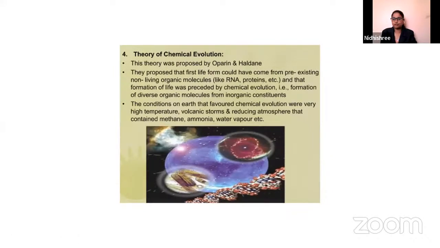Then theory of chemical evolution. Gayatri, can you read out the slide? This theory was proposed by Oparin and Haldane. The theory proposed that the first life form could have come from pre-existing non-living organic molecules like RNA, protein, etc., and that formation of life was preceded by chemical evolution, that is, formation of diverse organic molecules from inorganic constituents.